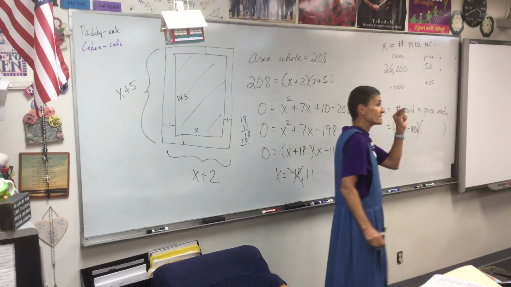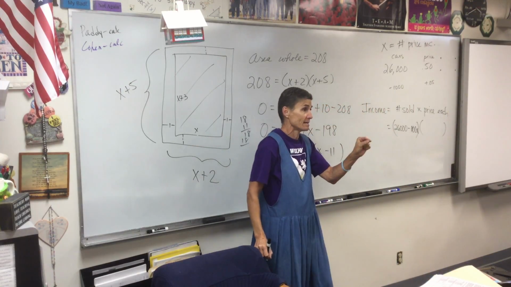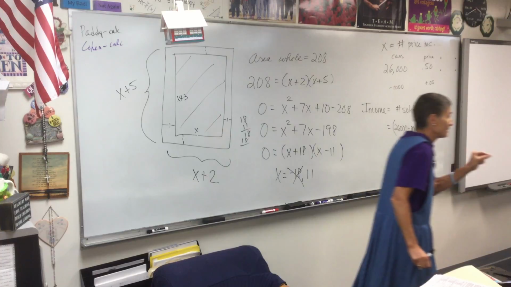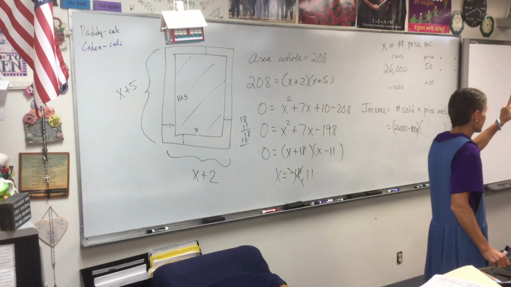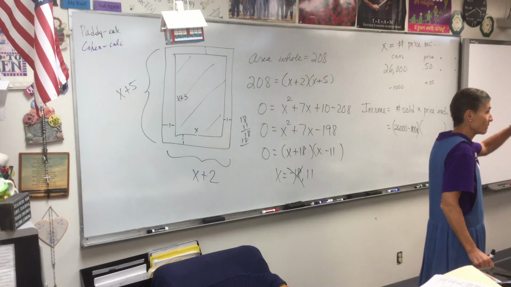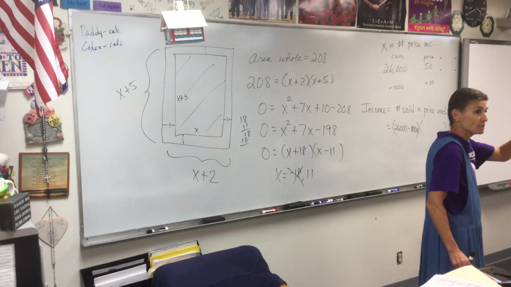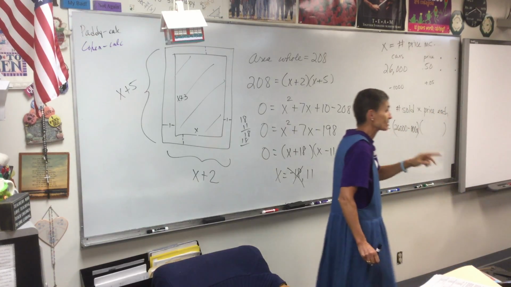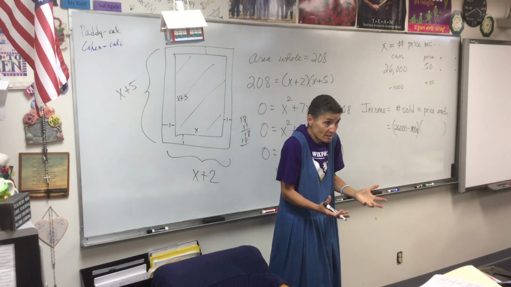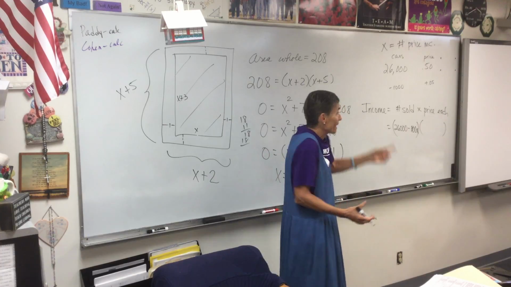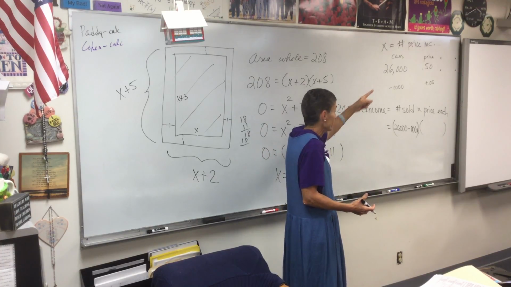Because every time I raise my price, what happens? I lose 1,000 cans, right? So if I raise it once, I'll lose 1,000. If I raise it twice, I'll lose 2,000. 3 would be 3,000, and so on. So what I'm trying to figure out is, how many times should I raise my price? X is the number of times I'm going to do it.